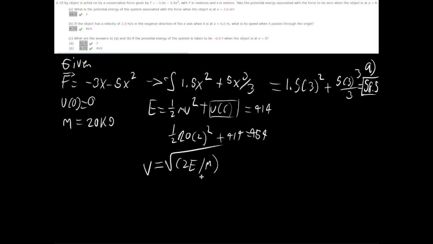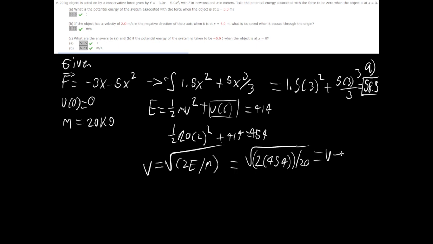So we take the square root of 2 times 454, divided by the mass, which is 20.